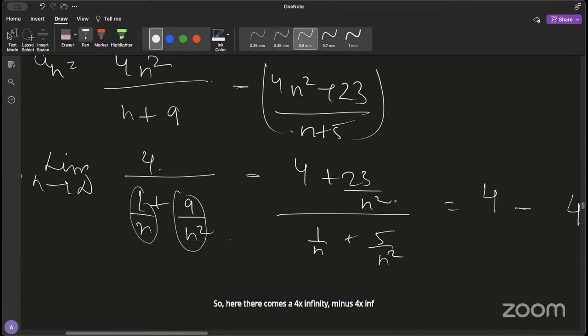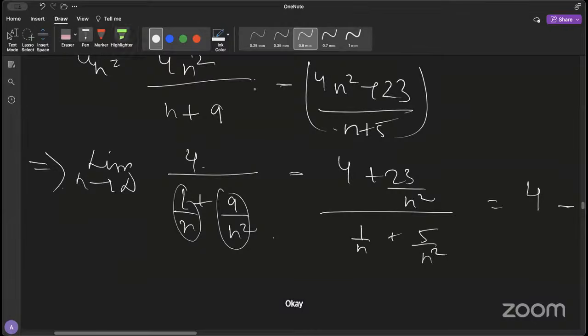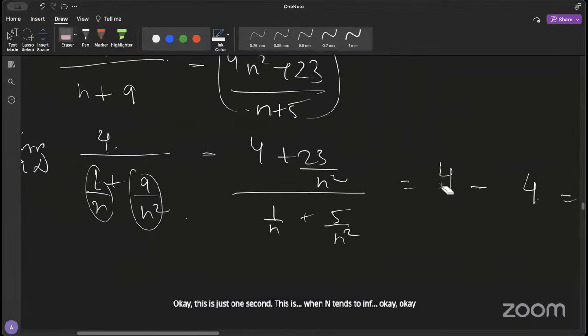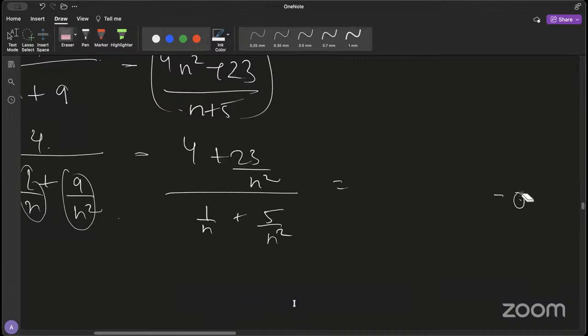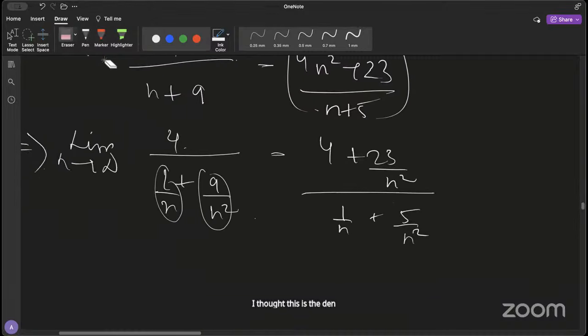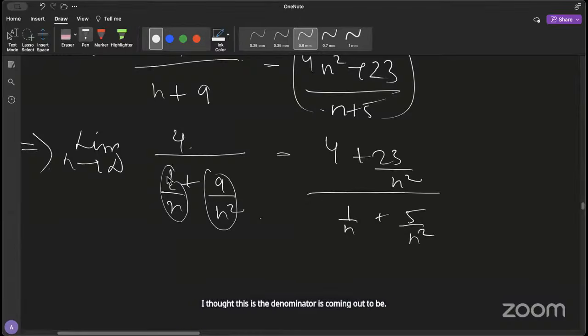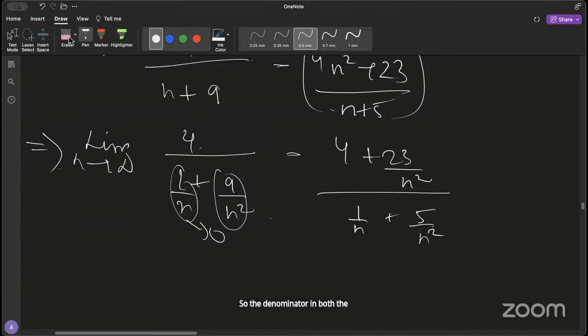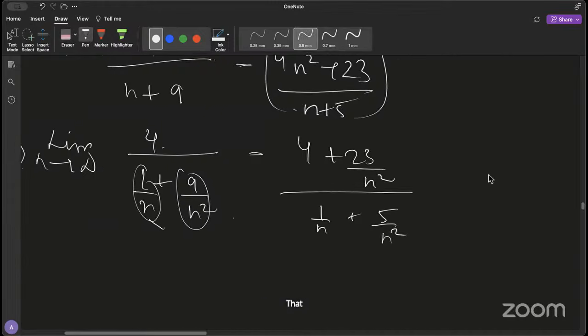This kind of thing comes. That's fine. I thought the denominator was coming out to be 1, but that's not happening, right? This is going to 0. So the denominator in both the cases is going to 0. That means this will be infinity.